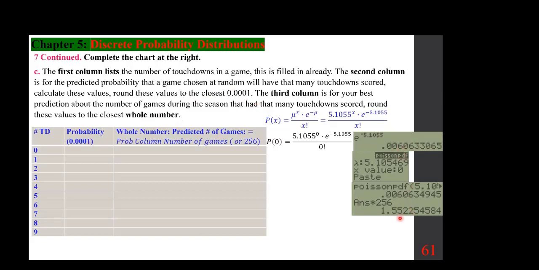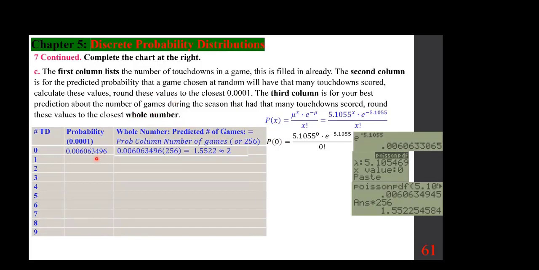This one is 1.55, and I'm going to put it as 2. So the first one is this one. Again, you really don't want to write it like that. I'm just showing you with 4 decimals, this number 0 class changes to 1 over here times 256, and you round it because the number of games, it's a whole number.